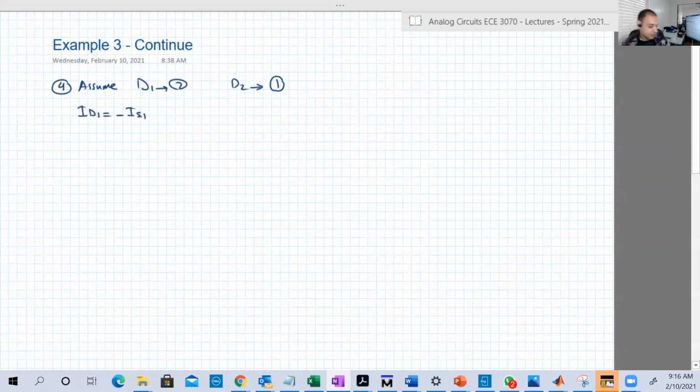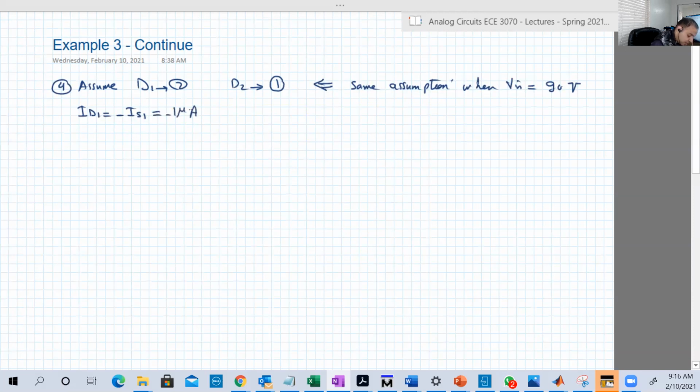This is, by the way, the same assumption that was correct when the input was 90 volt. Here it's not correct, and we're going to prove that now. So ID1 is equal to minus IS1, so minus 1 microampere.